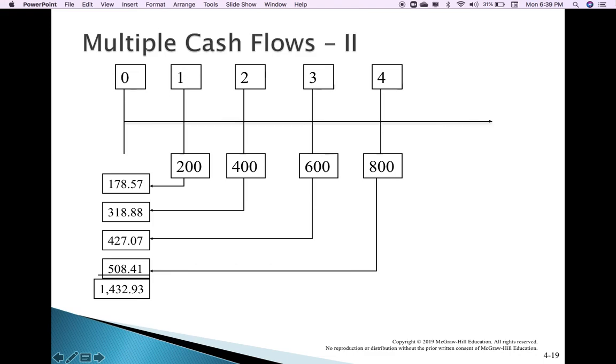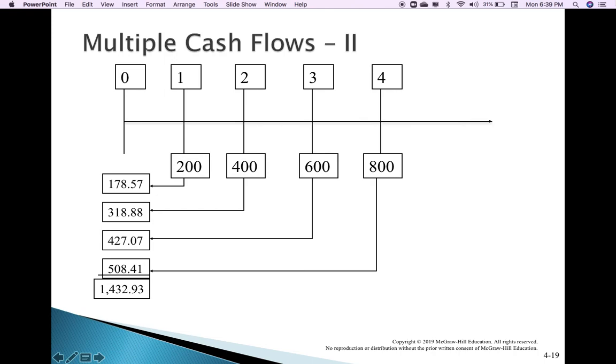What is the present value today? 600 divided by 1.12 to the power 3, 427.07. 800 after 4 years. What is the present value today? 800 divided by 1.12 to the power 4, 1432.93.